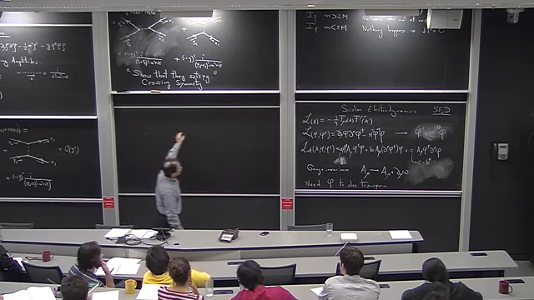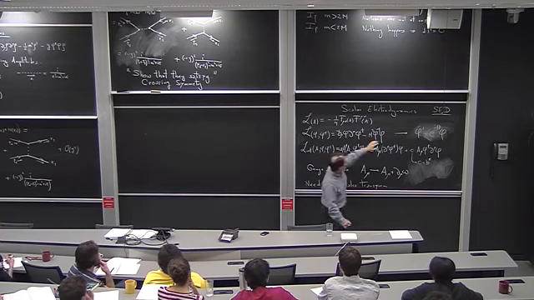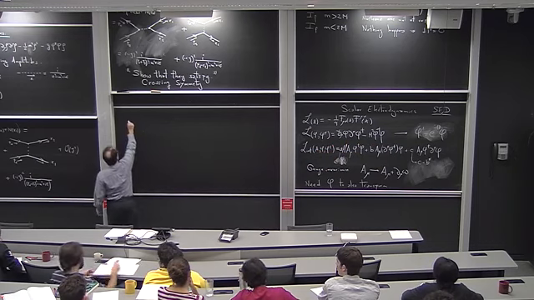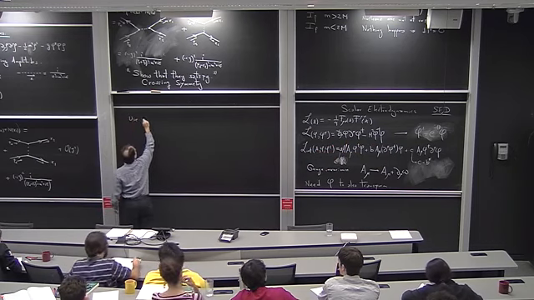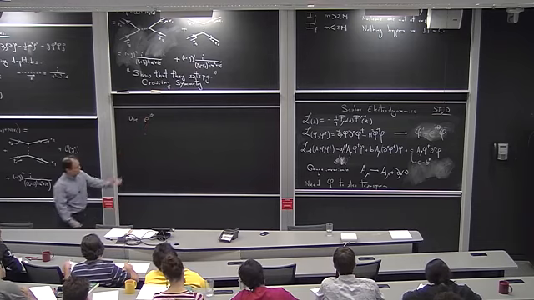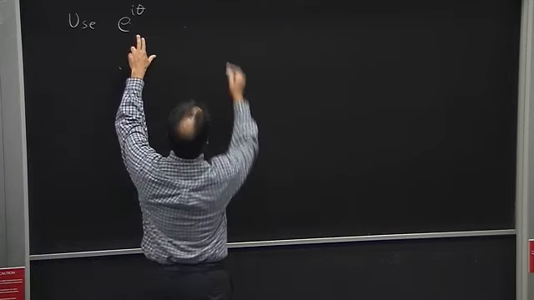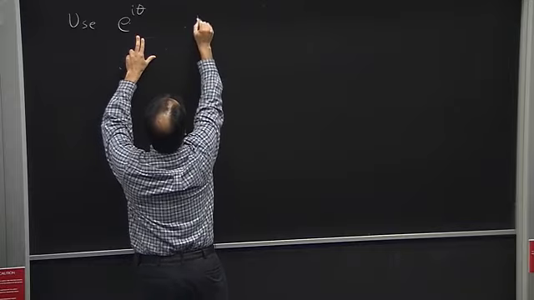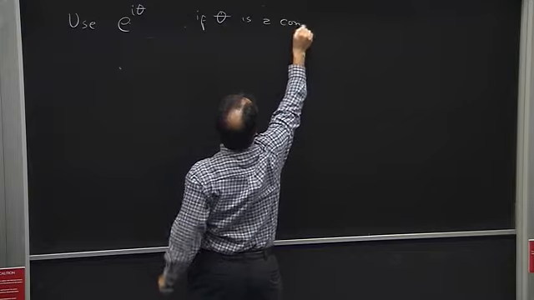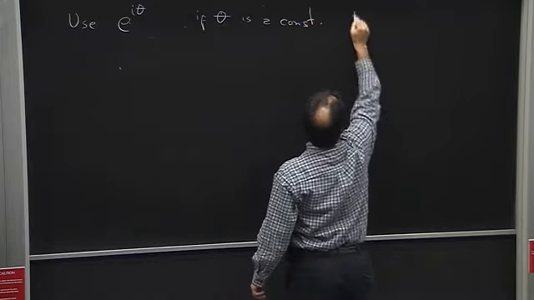Okay, so we go again and then say, well, we have this. So let's try to use this thing to actually fix the problem we have. We said that if theta is a constant, then no help.